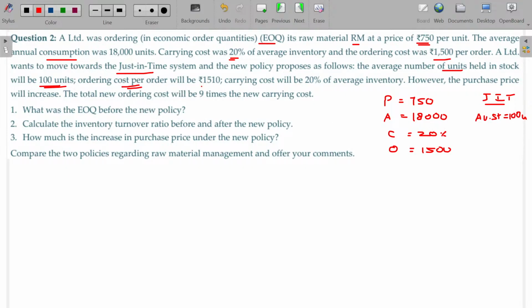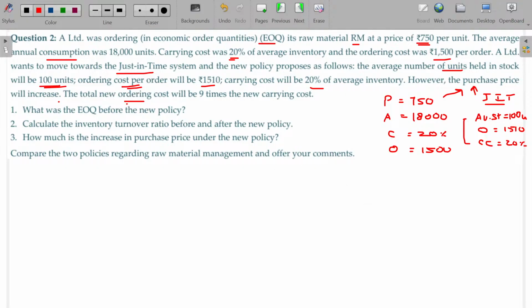Ordering cost per order will be 1,510. And carrying cost will be 20% on the average inventory. However, the purchase price will increase under the just-in-time approach.